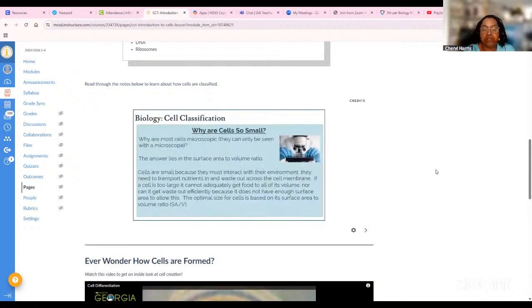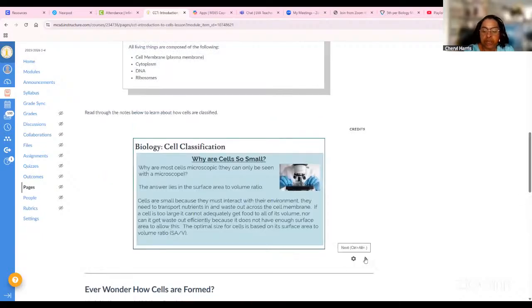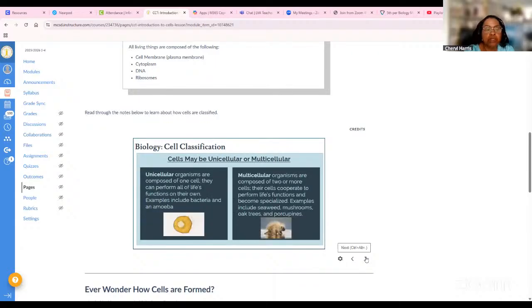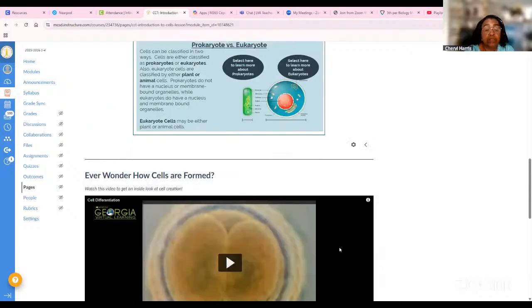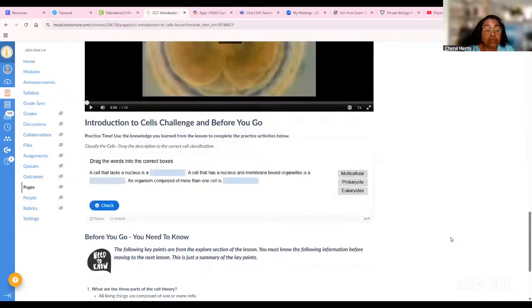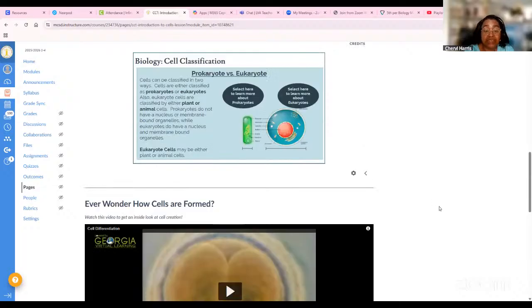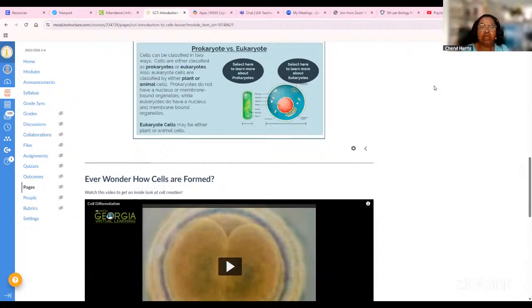All right, so let's look. I'm going to give you a chance to flip through this first one. I'm going to do attendance, so please go through and read this first box. And then we're going to look at the different types of cells. You need to be able to drag these, so after you look at this, you need to be able to do this. Okay, so I'm going to stop sharing so I can do attendance. I'll be right back.